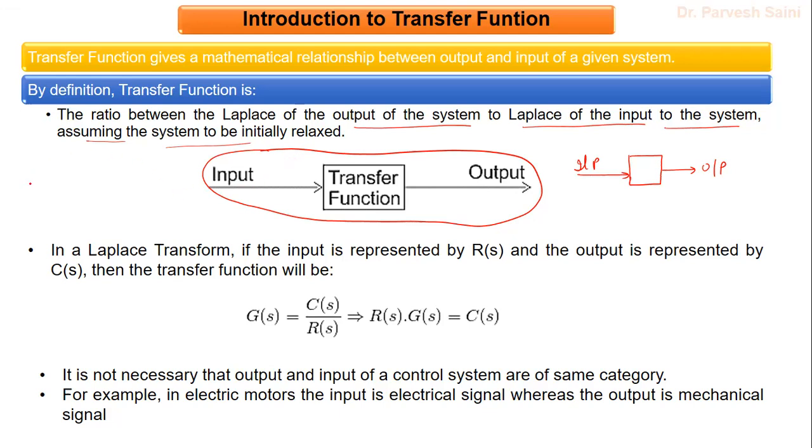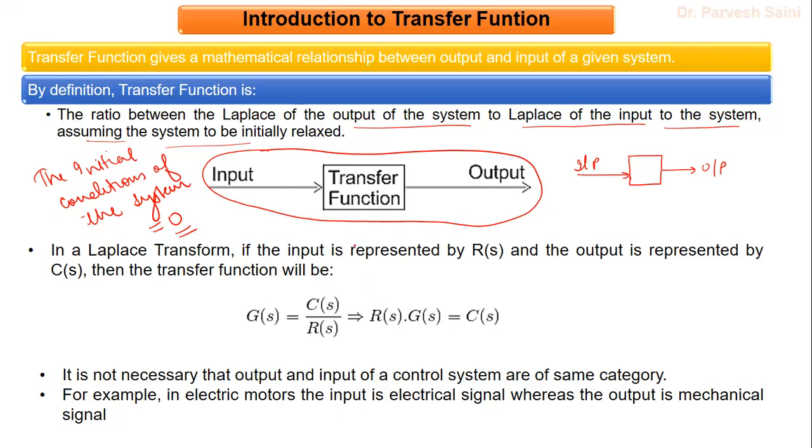Now, initially relaxed means the initial conditions of the system should be zero, right? So this is what we assume, and this means that the system is initially relaxed, and under this condition, the ratio that we determine by taking Laplace of output and Laplace of input gives us the transfer function, right?